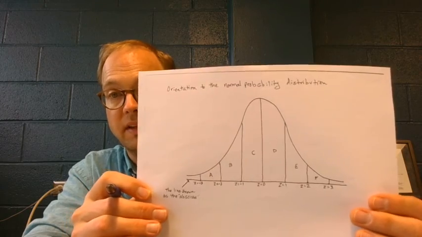We can navigate the normal probability distribution, the normal curve, using Z-scores. In fact, I would go so far as to say that Z-scores are the language of the normal probability distribution. In other words, we're going to use Z-scores and the Z formula to solve a lot of different types of problems about the normal probability distribution. So keep that in mind.